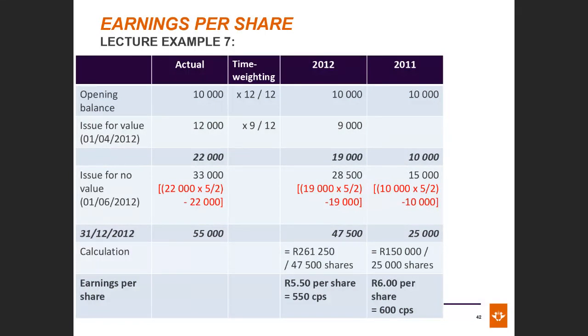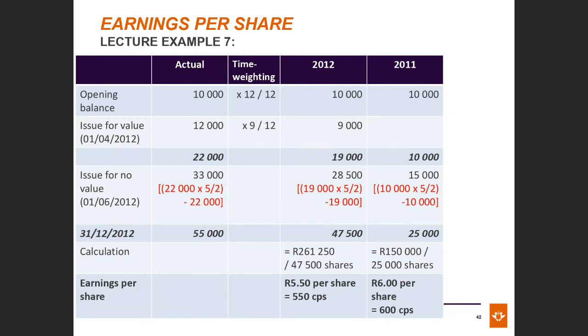So if you go 22,000 divided by 2 times 5, you'll get 55,000 shares. This represents the total number of shares you have now. So for those 2 shares you held, now convert into 5 shares. So the total number of shares you have is 55,000.